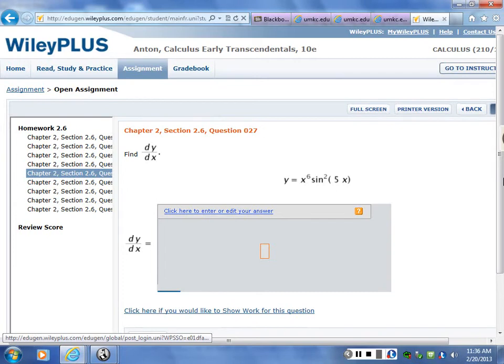Plus, yeah, because it's the product rule. So then what's the derivative of this function? You're one of the students. What would it be? Just like it was here, right? Okay, so that's... Correct.